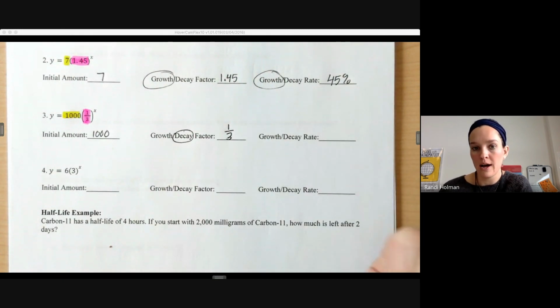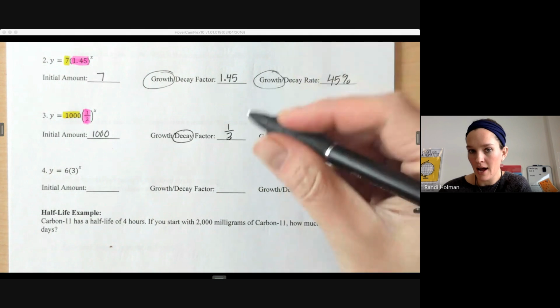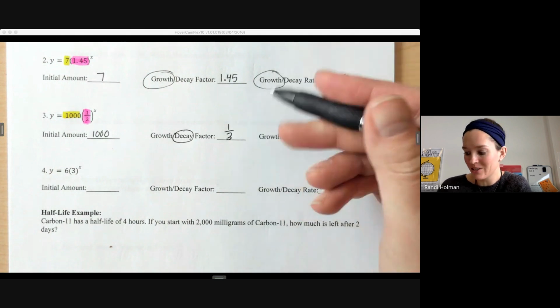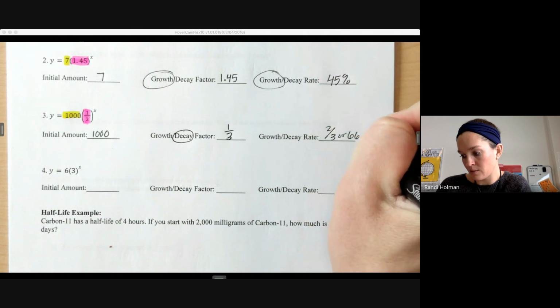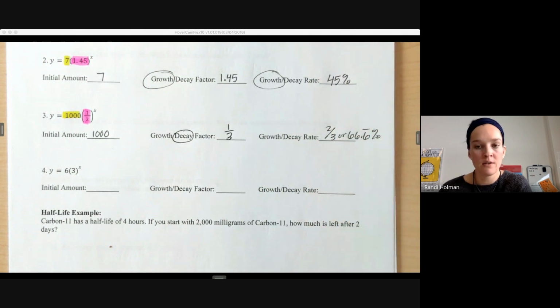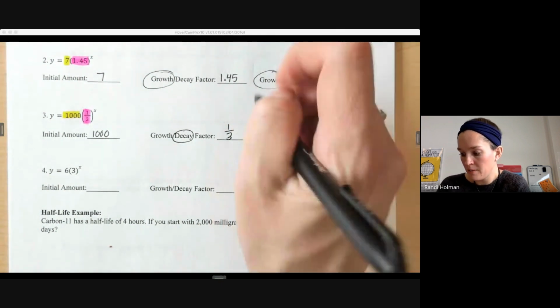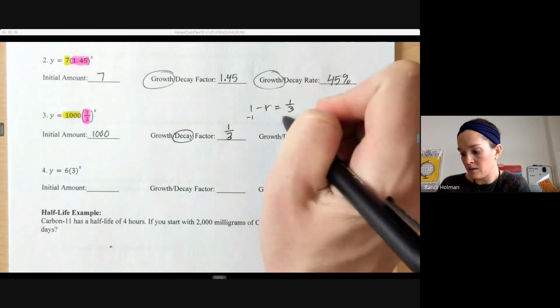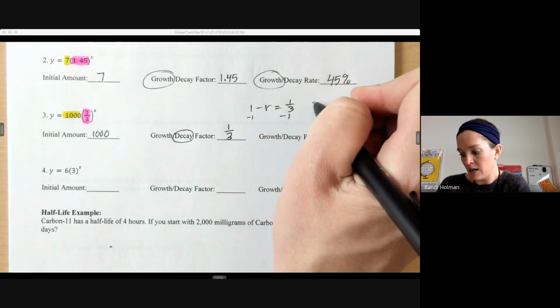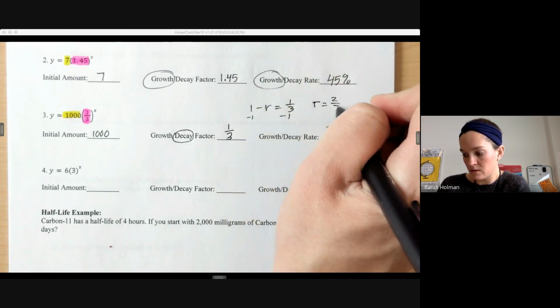We're thinking, what do I have left? I have a third left, which means I took away 2/3 or 66.6 repeating percent. 2/3 is fine there. So 1 minus your rate equals that 1/3, which means my rate is 2/3.